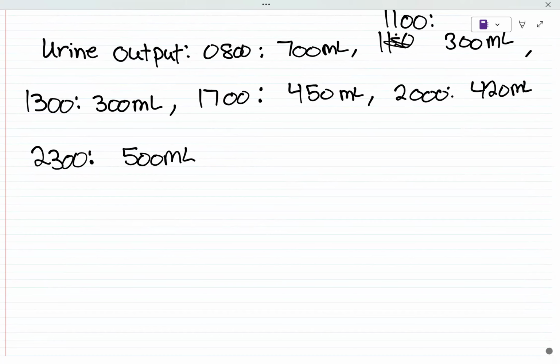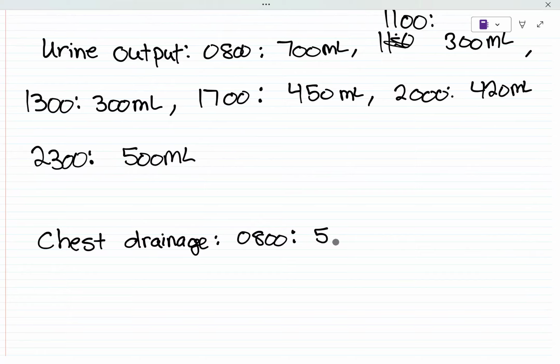This is also given, because I didn't write this down. The chest drainage, this is given. At 0800, there's 50 milliliters. At 1300, there's 30 milliliters. And then 1800, there is 10 milliliters.